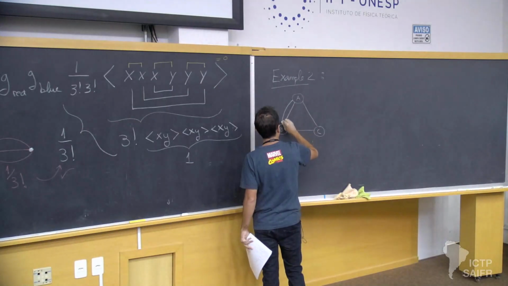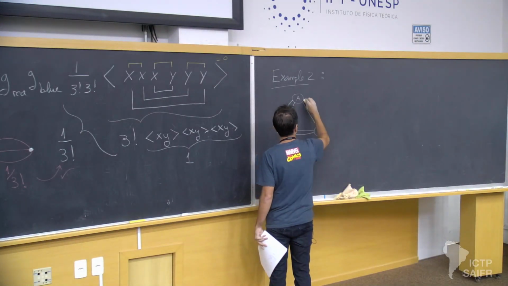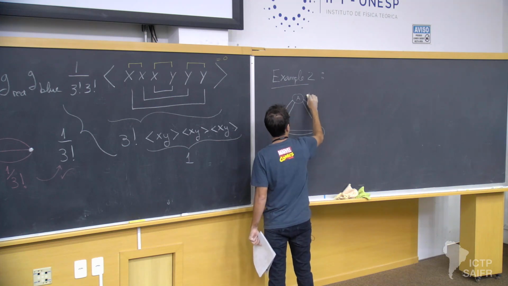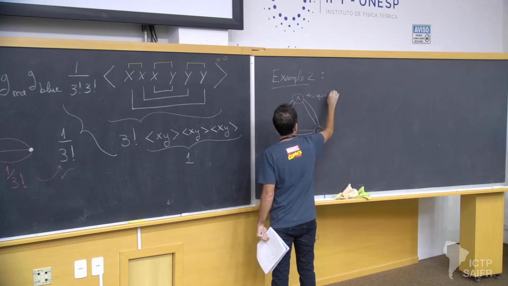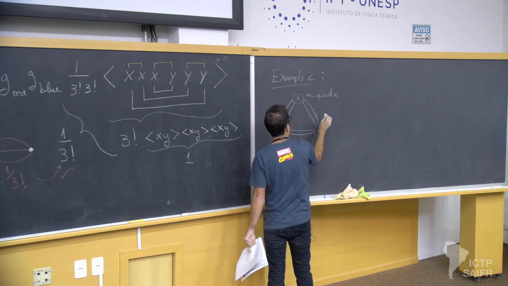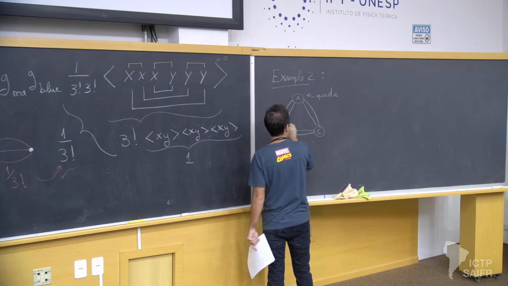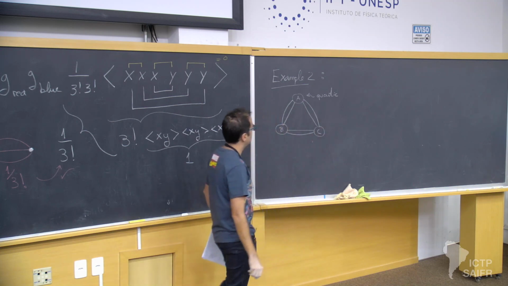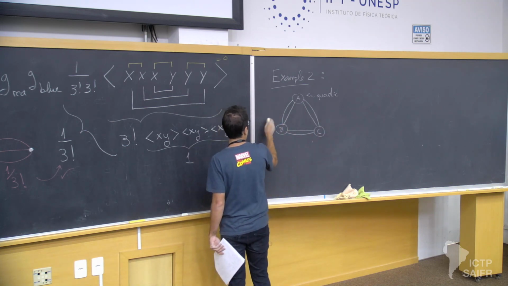So suppose all vertices are quartic like this. And this A with C, A couples to the two neighbors, but not to itself. Okay, and I sum over such graphs.